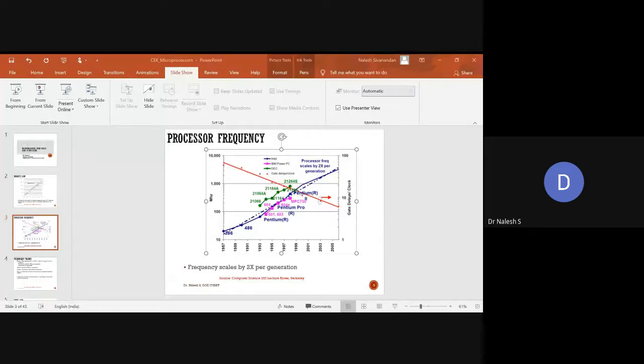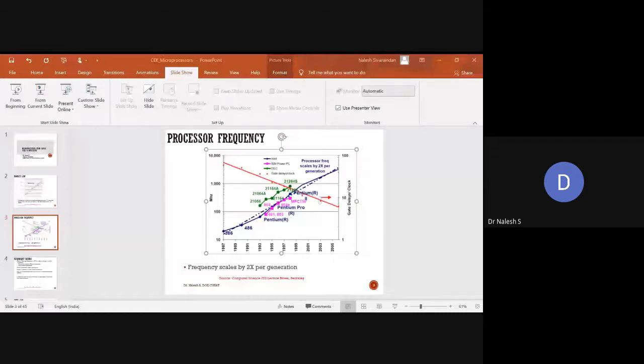If your processor frequency increases, you will be able to complete the program in less time, without any change in the processor architecture. So frequency gives you an increase without any change in architecture, and the extra transistors can be used to improve the architecture to gain more increase in performance.